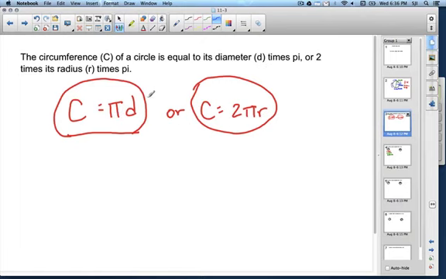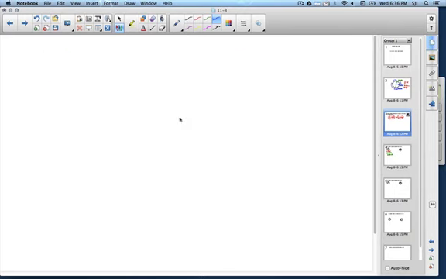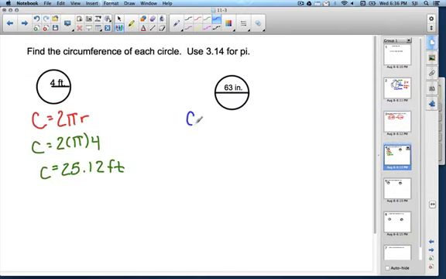I want to use the first one because this one is with the variable d. So I go back over here, C equals pi times d. And now I'm going to substitute 63 in for d. So C equals pi times 63.